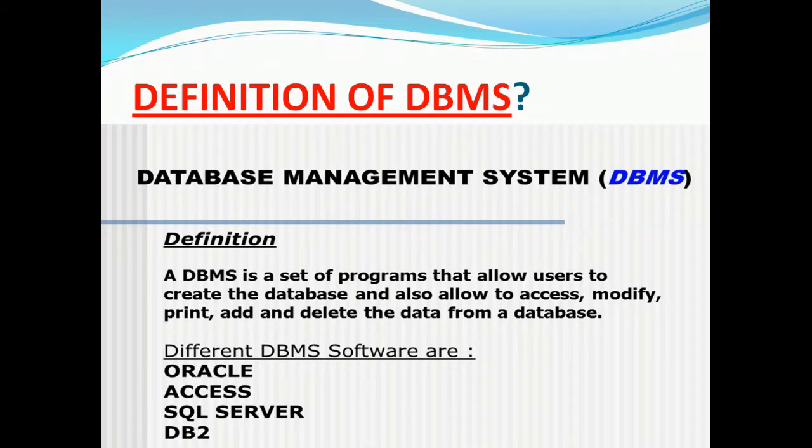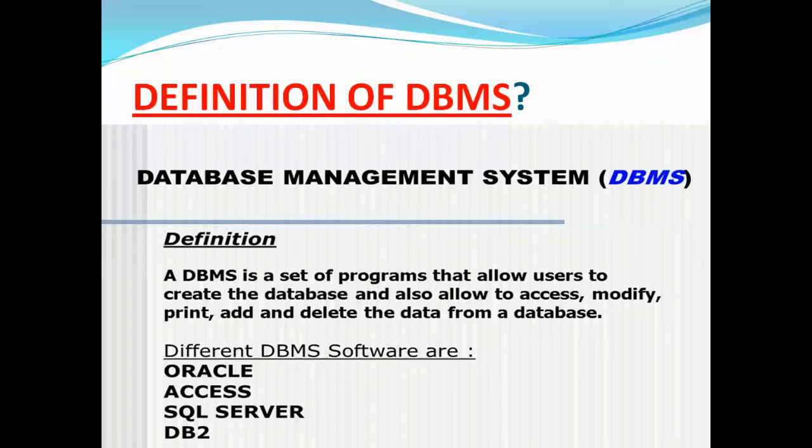A database management system allows different user application programs to concurrently access the same database. Database management systems are applications that interact with the user, other applications and the database itself to capture and analyze data.